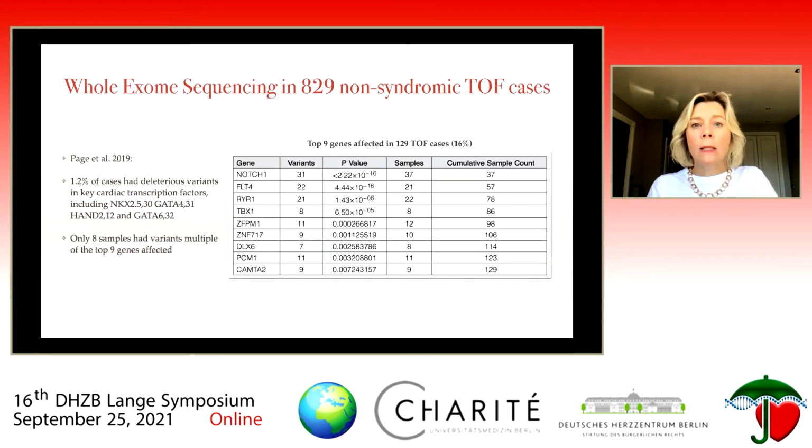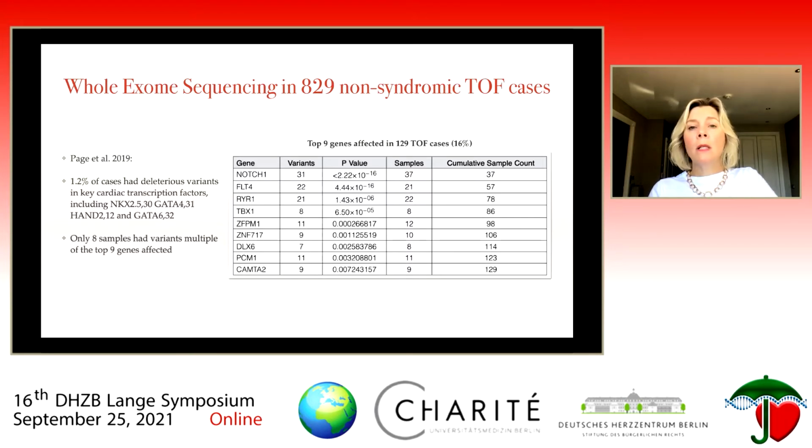So this is just going a bit broader beside NOTCH1 at this Bernard Keavney study, as I found also other genes affected. And what was really interesting, they also saw exactly what we had seen before, that there is a multigenic affection of tetralogy of Fallot.